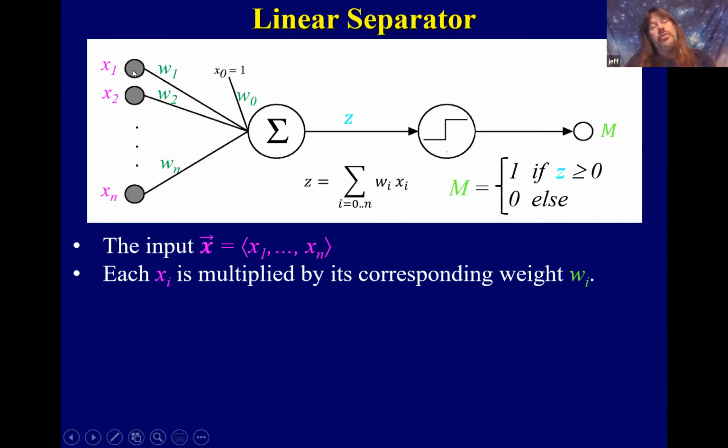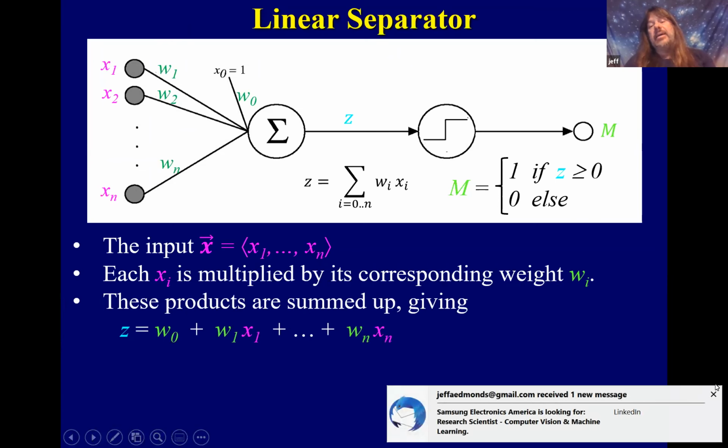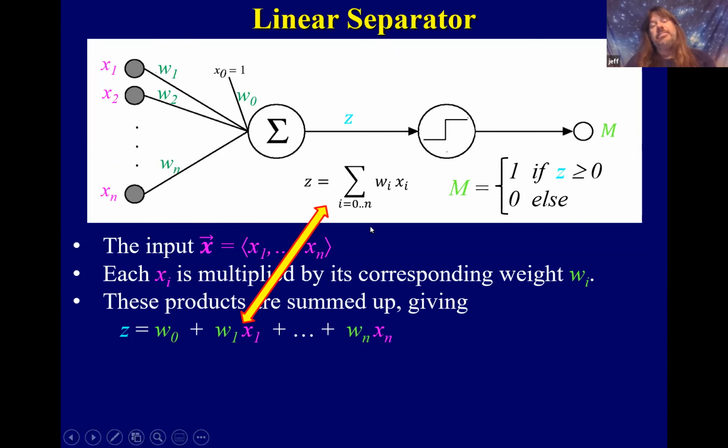What you do is you multiply your X value by its corresponding weight and add up, right? And that is effectively a dot product, right? It's the sum of a W number times this X number, all summed up, that's a dot product.